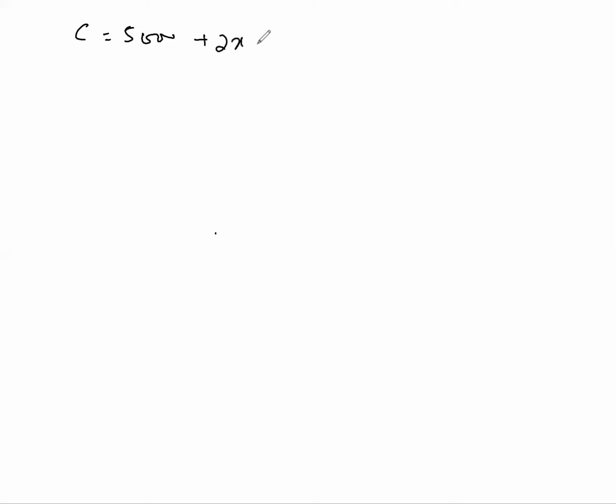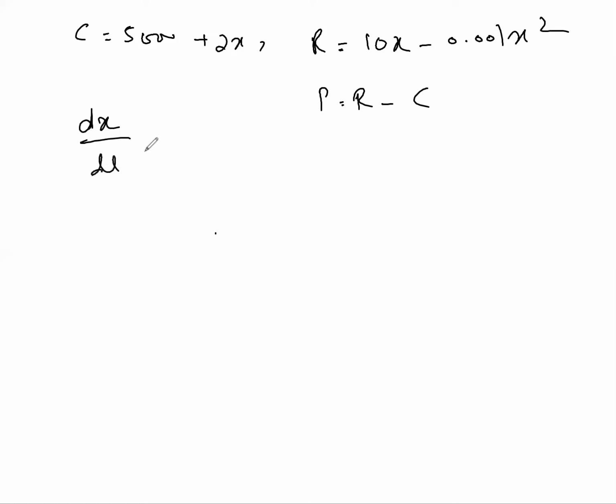C is 5000 plus 2x, R is 10x minus 0.001x square, and P is R minus C. The production is increasing at the rate of 500. We are denoting production by x, so production is increasing at the rate of 500, so dx by dt is 500.